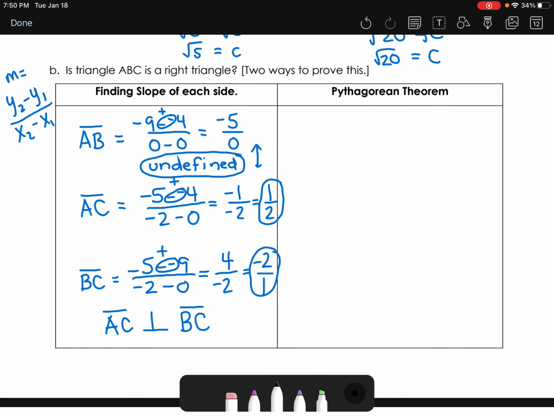So this is what we're going to write. Is triangle ABC a right triangle? We say yes, because AC is perpendicular to BC.